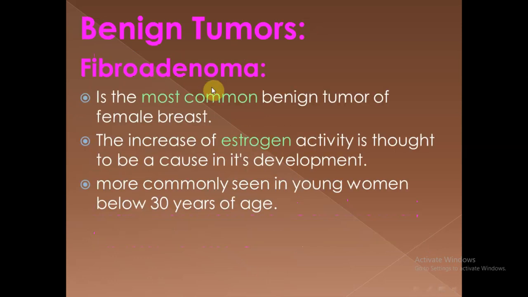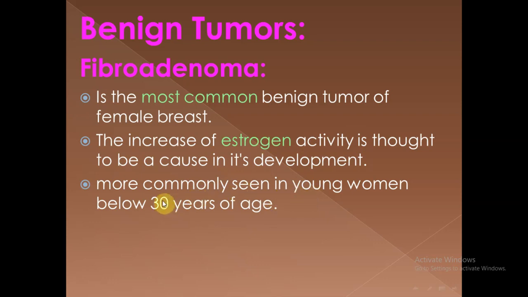Benign tumors, we have Fibroadenoma. Actually, Fibroadenoma is the most common benign tumor of the female breast. We always see Fibroadenoma during puberty because it is estrogen dependent and it regresses after menopause.